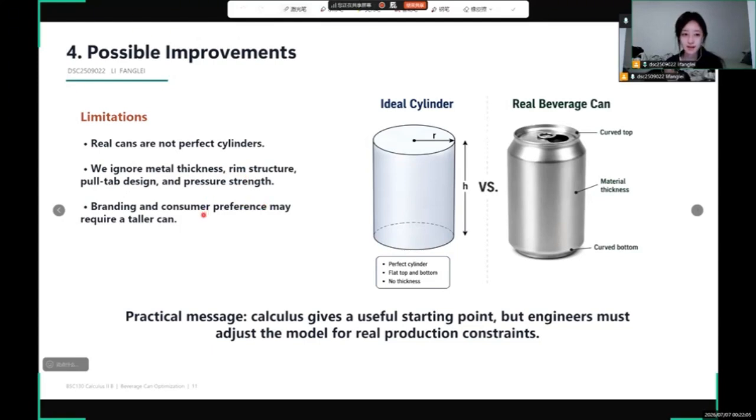Third, we assume the material cost is directly proportional to surface area, which is a simplified assumption. In reality, manufacturing also involves other constraints, such as pressure resistance, durability, transportation, and bridging design. So, while our model gives an optimal theoretical solution, it cannot fully represent real-world conditions.